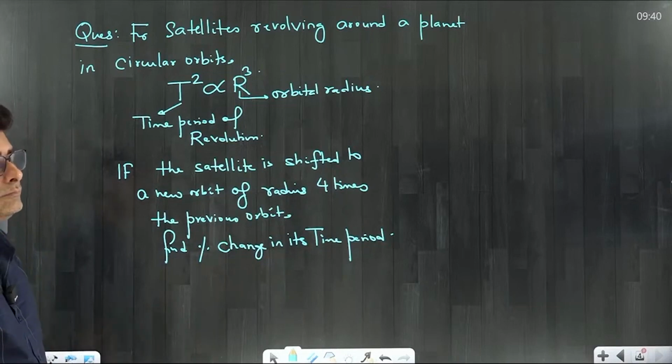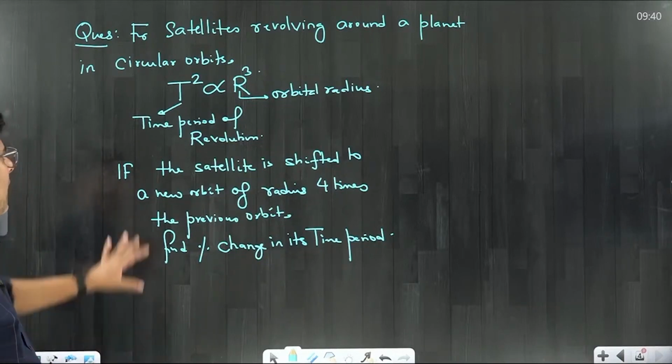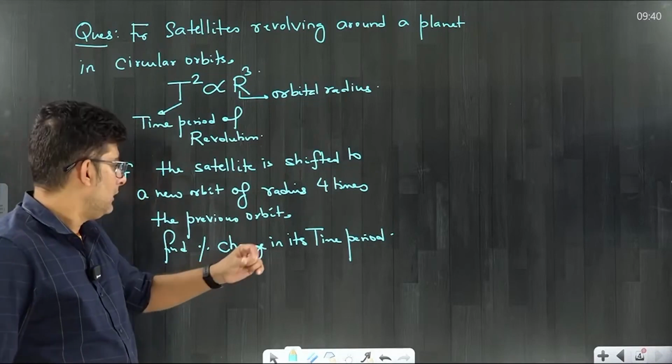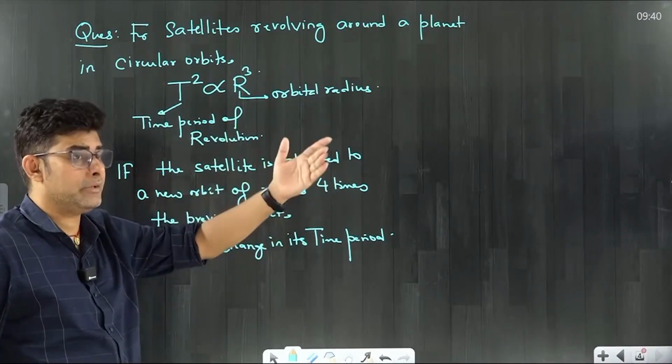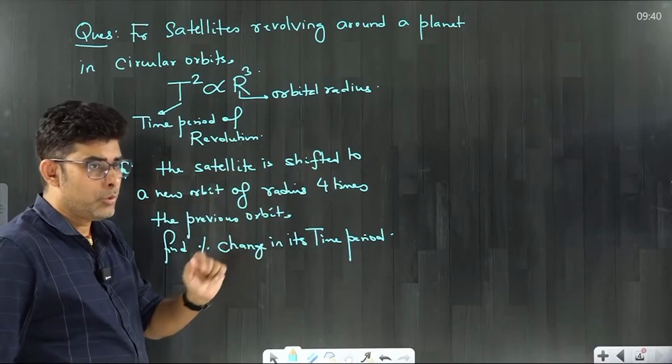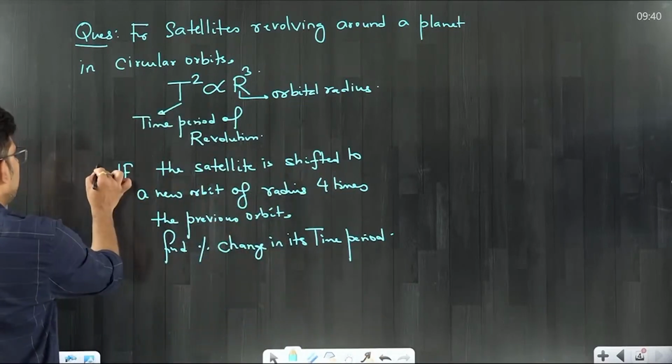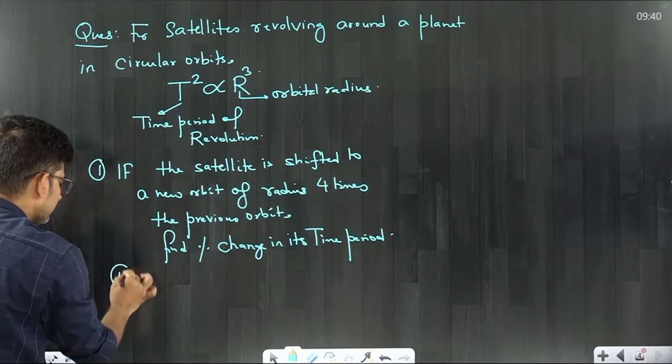Okay. So now, how to solve this? The change is not a small one. You are making the radius 4 times. It is a big change. And the second part we are also adding to the question.